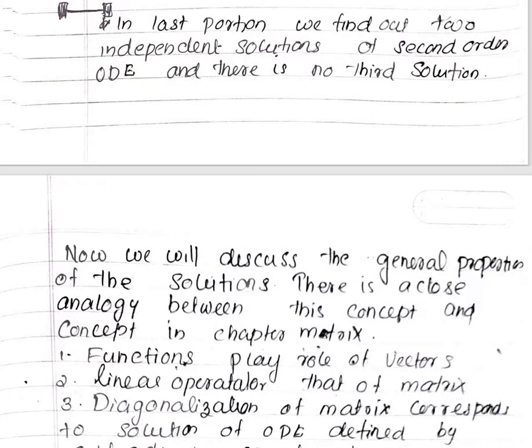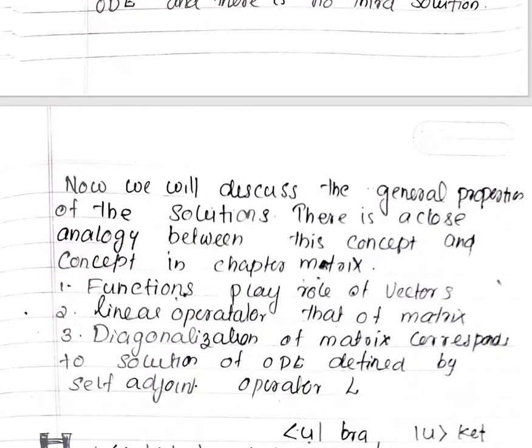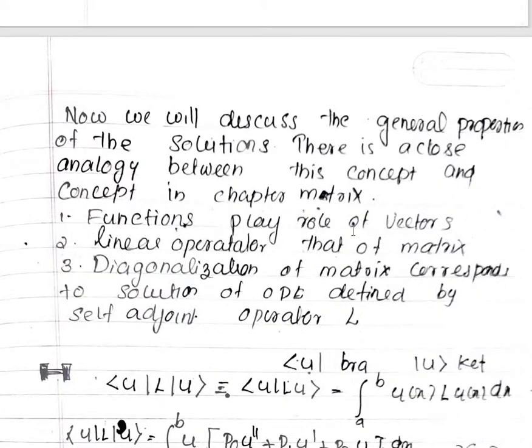Now we will discuss the general property of the solution. There is a close analog between this concept and the concept in the chapter on matrices. Functions play the role of vectors. In the case of matrices, there are vectors. Here, in the case of second order differential equations, the functions play the role of vectors.